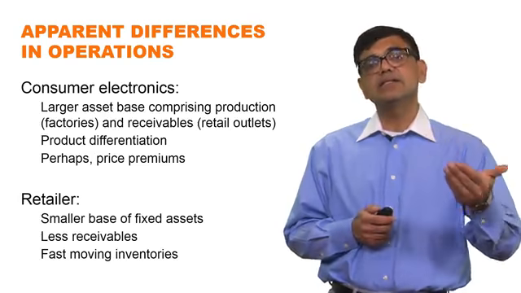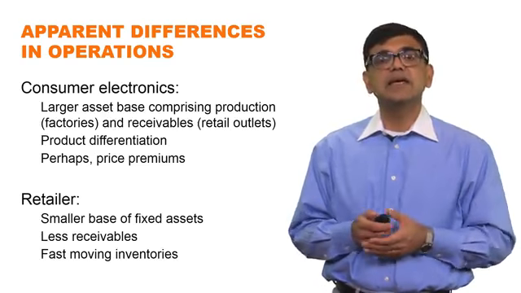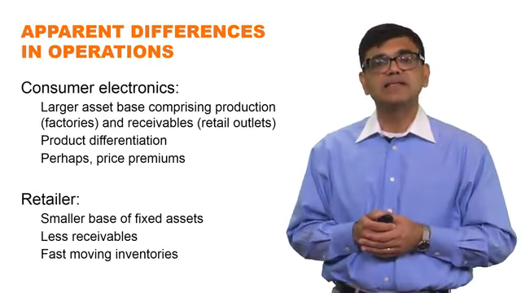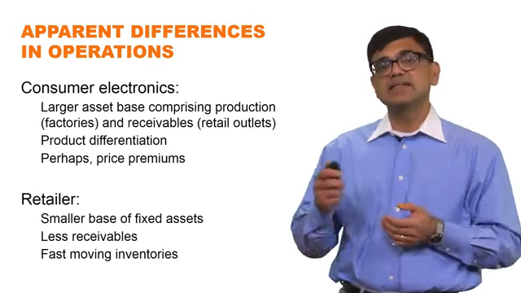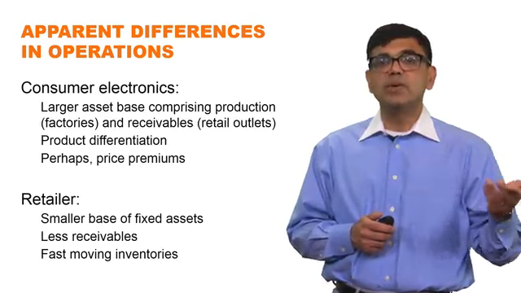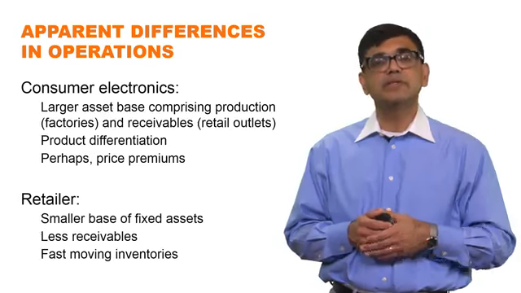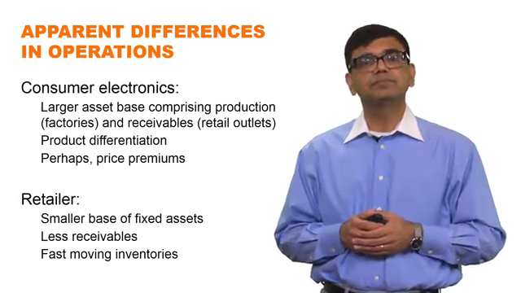There are retail outlets that may be buying from it that it's giving credit to. So it has a larger asset base in that sense, in terms of fixed assets as well as current assets, in terms of what it's investing in fixed assets, as well as the receivables in terms of credit it's giving to its customers.